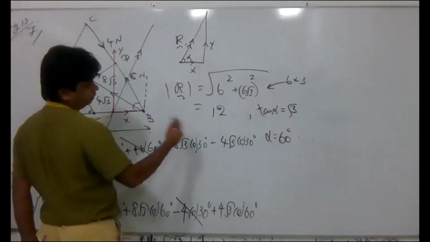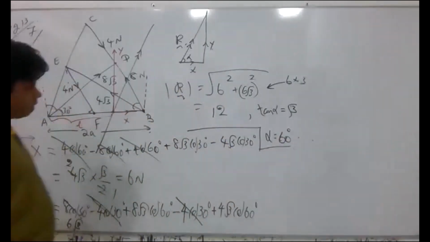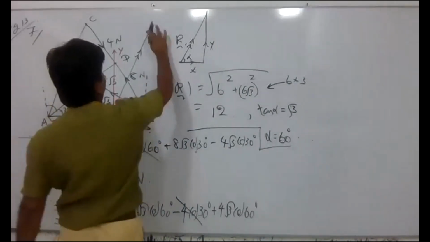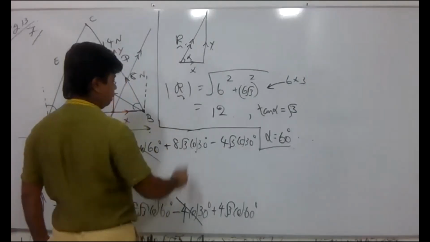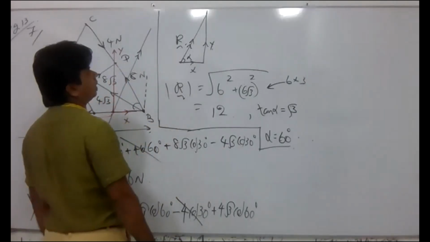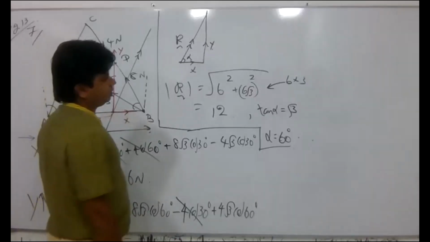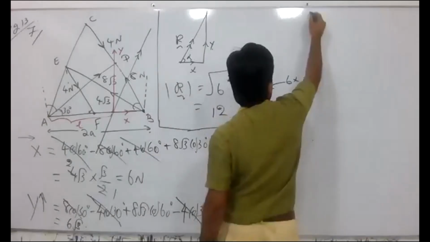Then, what is the definition of the general principle of moments, Rahul? What is the general principle of moments? So the resultant into the point of action is equal to the moment created by all the other forces around the point.